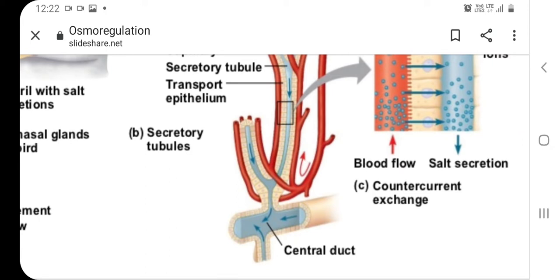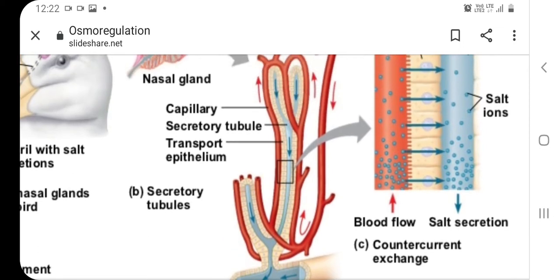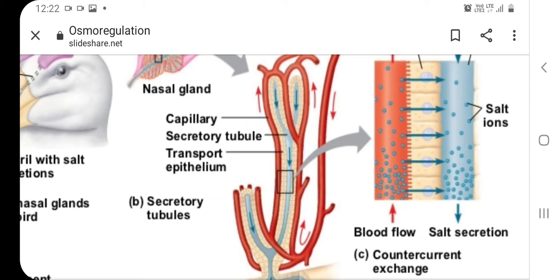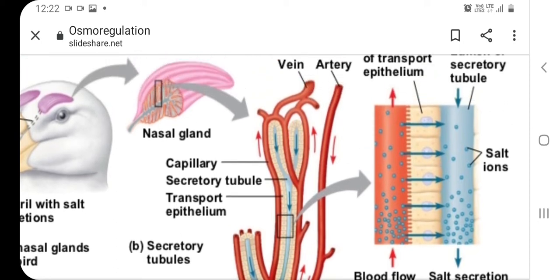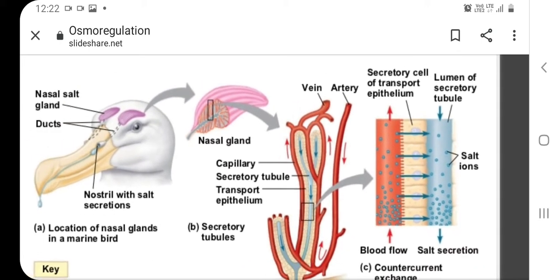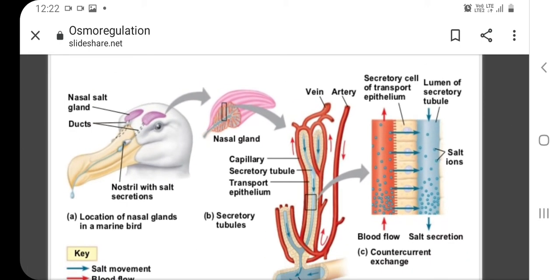Now, on closely observing this section, you can see the counter exchange phenomena. You can see the capillary in red color, secretory tubule in blue color.